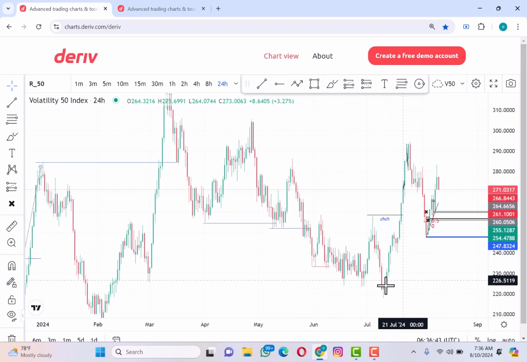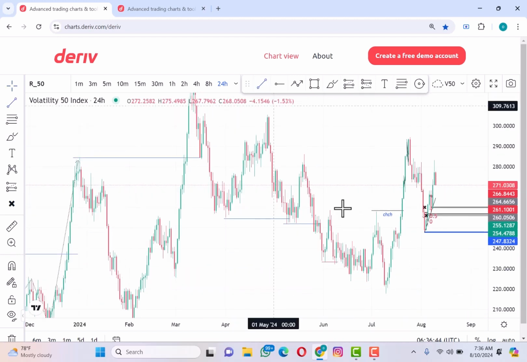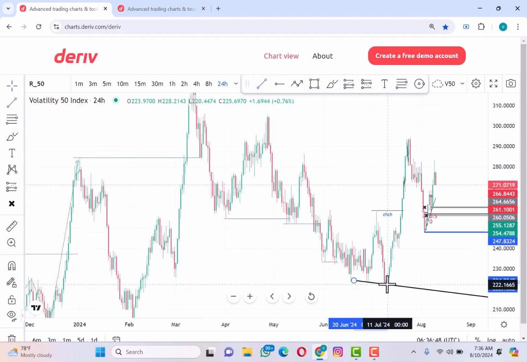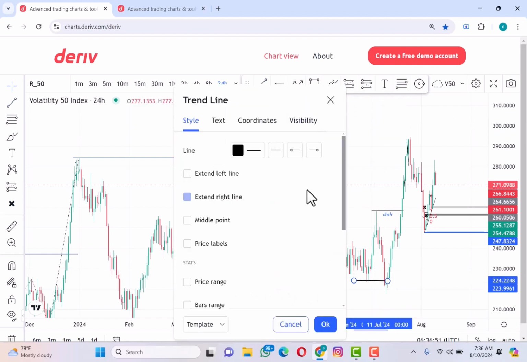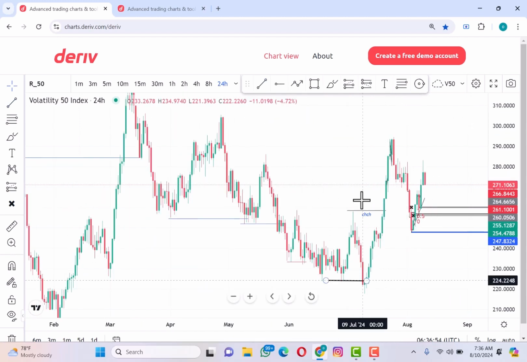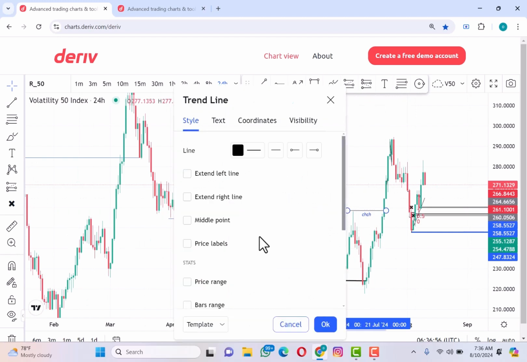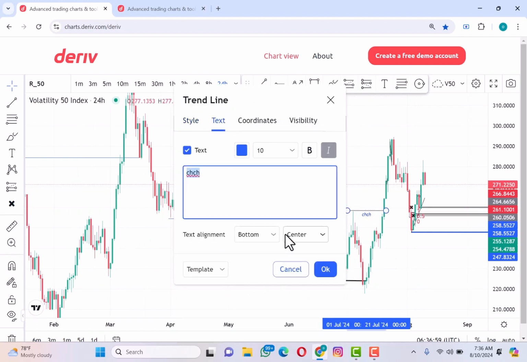But look at what happened around this region. We have a sweep of liquidity with this candle here. This is what is referred to as a liquidity sweep. And then what happened? We have a change of character to the upward direction.